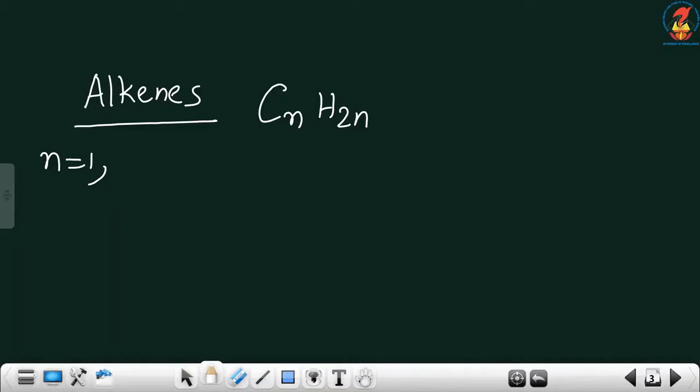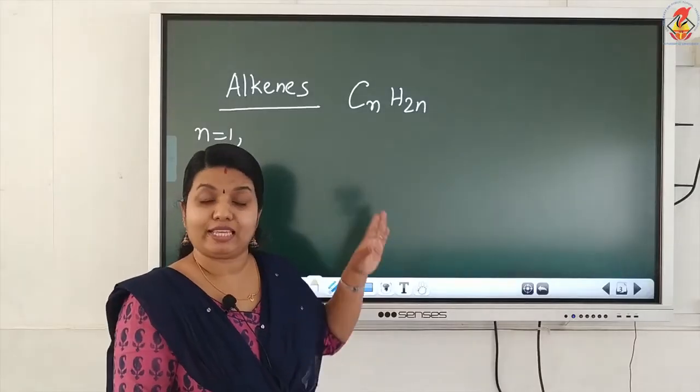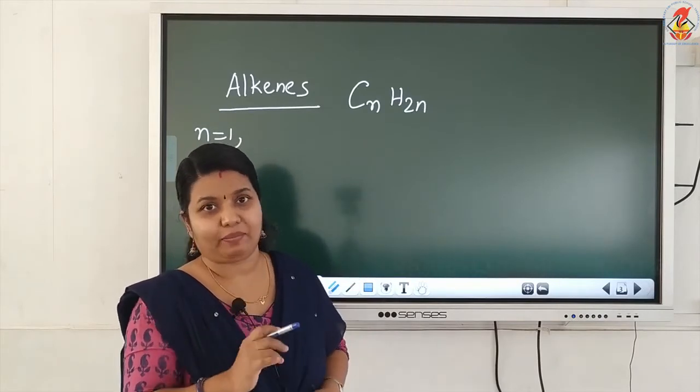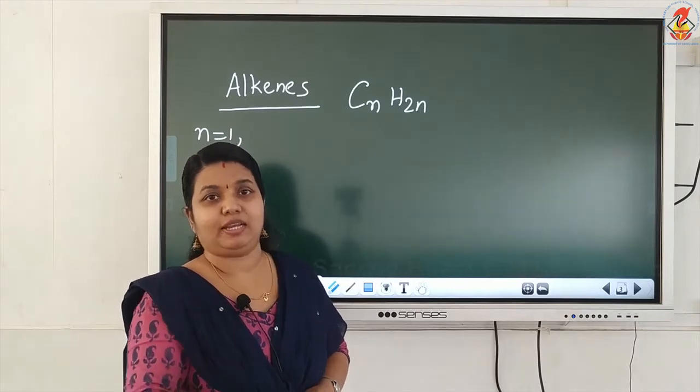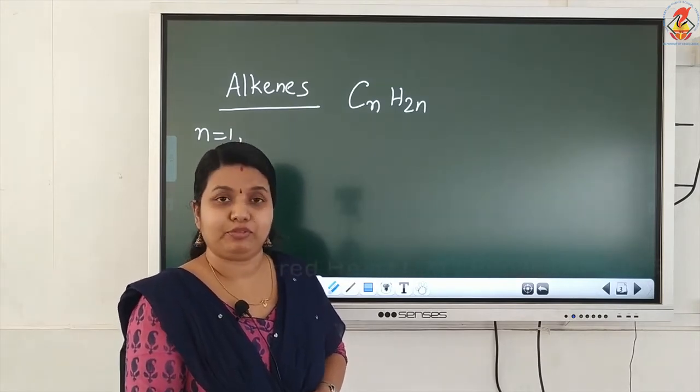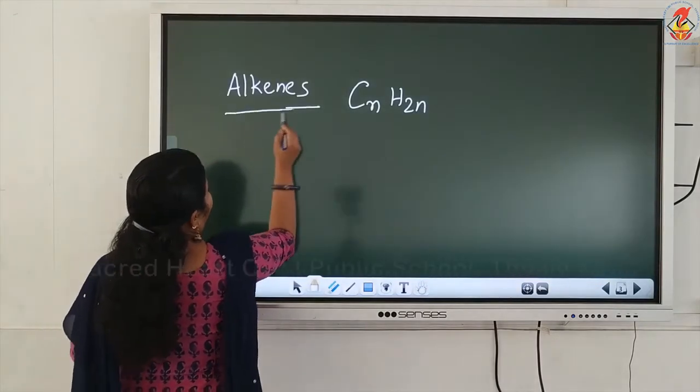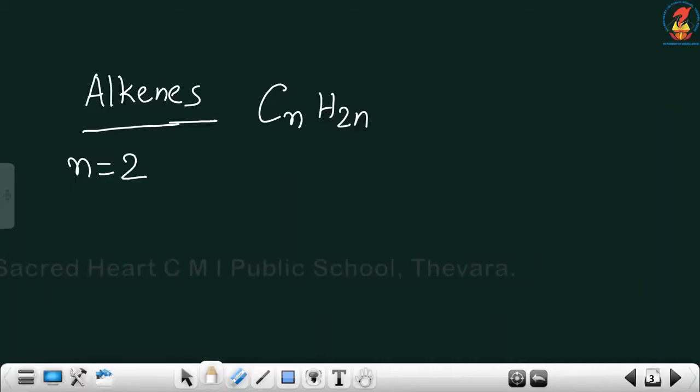With one carbon atom, we cannot write the double bond. There should be at least two carbon atoms for alkenes and alkynes, because there is a double bond between carbon atoms. So, the lowest alkene should contain a minimum of two carbon atoms. So, n equal to 1 is not possible for alkene. So, we start with n equal to 2.